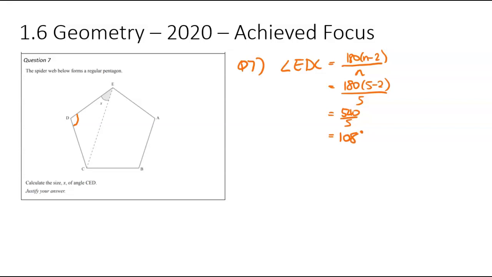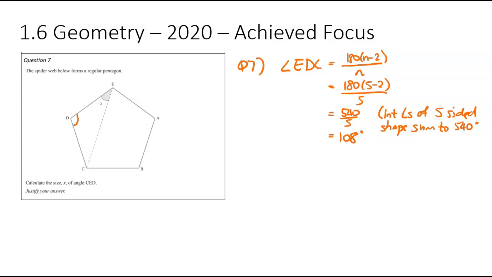So this here was based on 2 reasons. The first one, I'll just write it up the top here: internal angles of 5-sided shapes sum to 540 degrees. So that's how we got the numerator there.